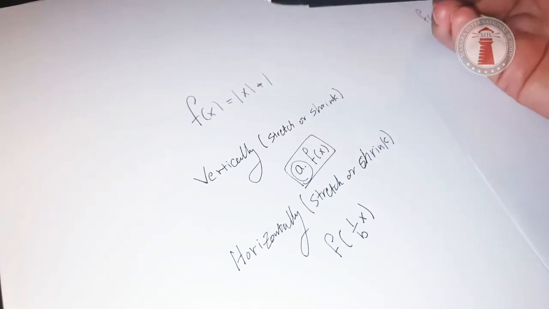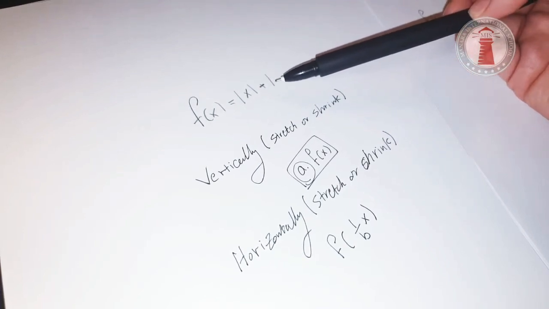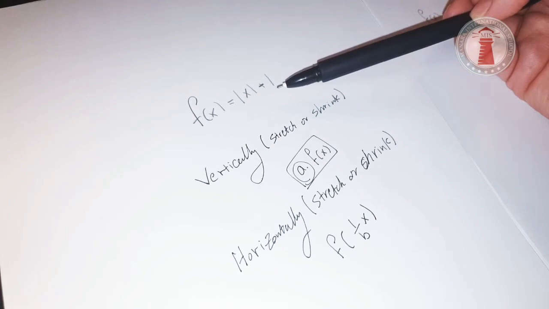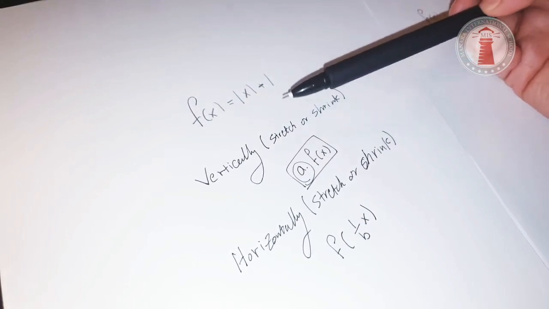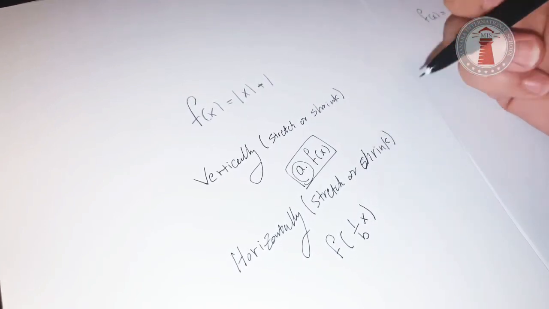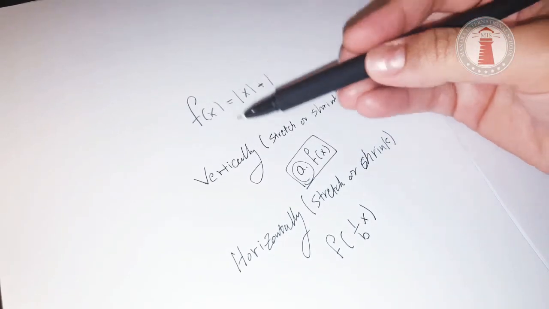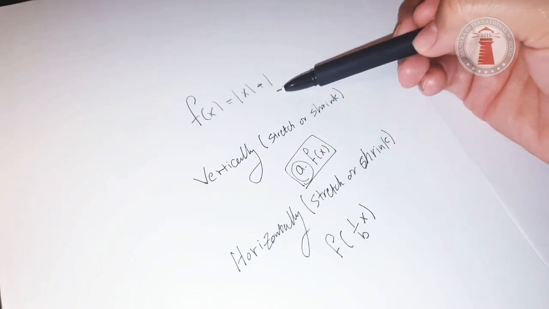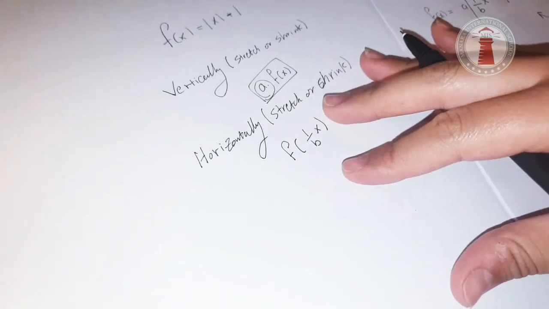So in this question, we have f of x equals the absolute value of x plus 1, and the question asked us to make this graph stretch vertically by a factor of 2. So when it says vertically, that means we want to multiply the factor given by the whole function. So our function is multiplied by 2.